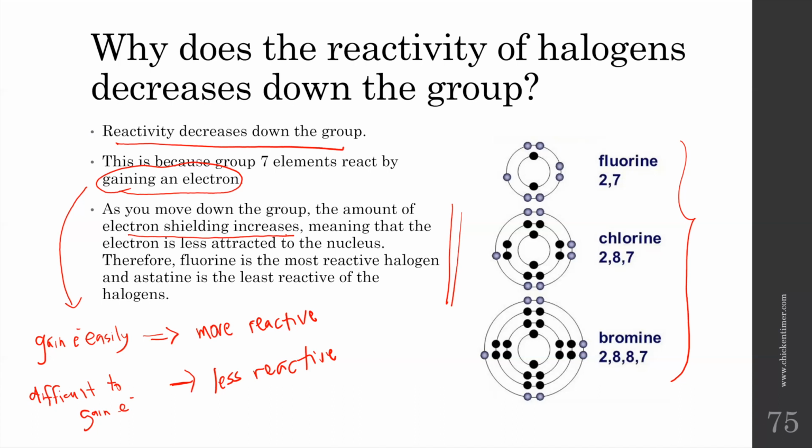But you are not required to know that term, so you will stick to whatever I said earlier. Just compare size. Then you say fluorine is smaller, so it's easier to attract electrons. Bromine is bigger, so it's more difficult for it to attract an electron. So fluorine is more reactive than bromine. You will use that. Okay?